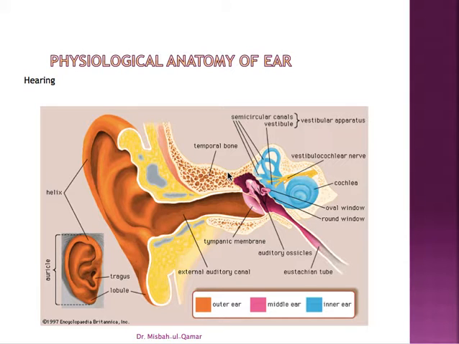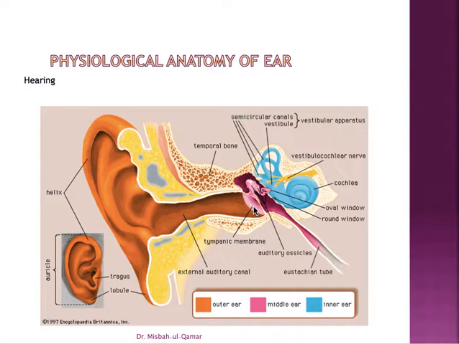It shows auditory ossicles, which are the three bones present in the middle ear cavity. While the eardrum, the tympanic membrane, sometimes is considered a part of the middle ear and sometimes that of the external ear.